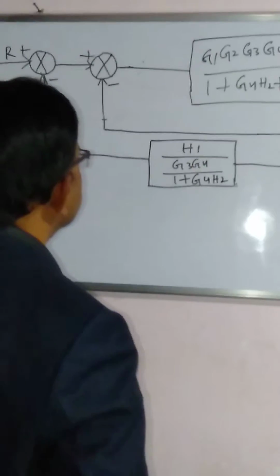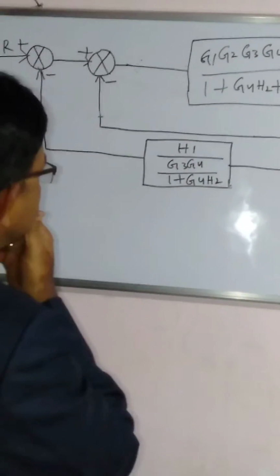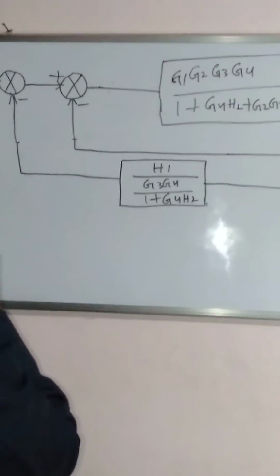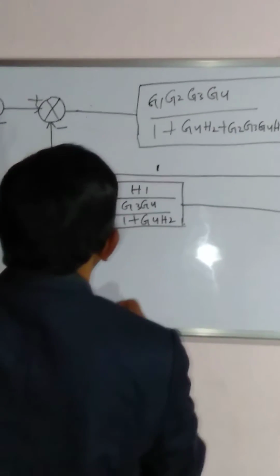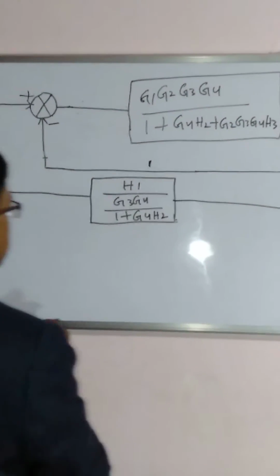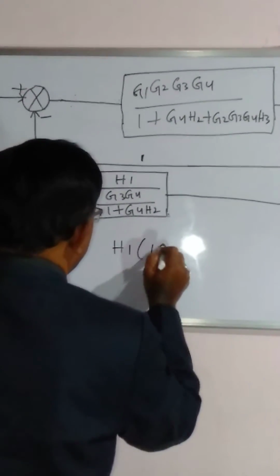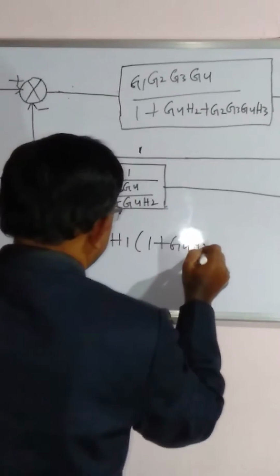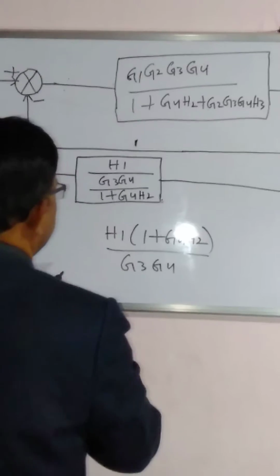Now there are two feedback paths. Here the feedback is 1, and here the feedback is H1 into 1 plus G4 H2 by G3 G4.